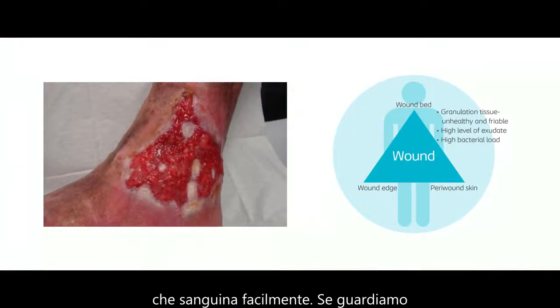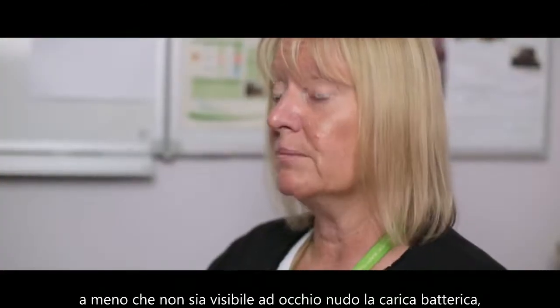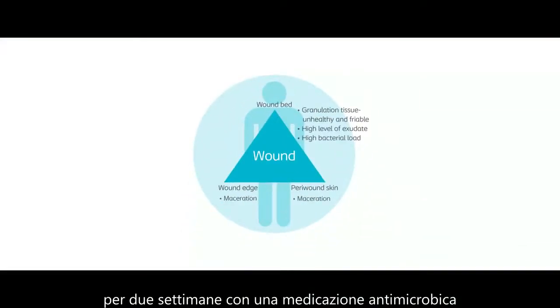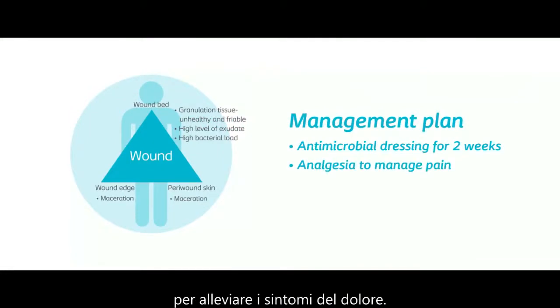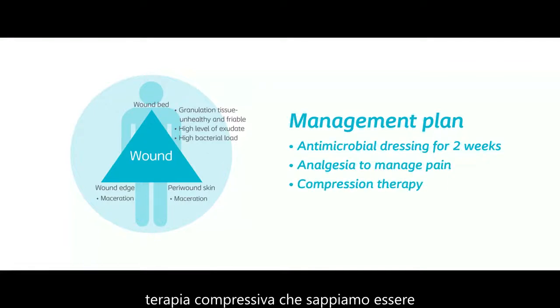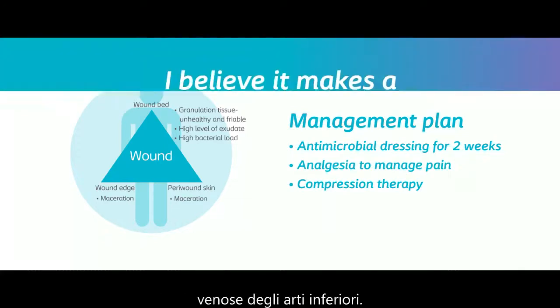If we look at the wound edges and the peri-wound skin, we can see that it's macerated from high volumes of wound exudate, and that's associated with a high bacterial load. So we suspect that this gentleman has an infection here. So we will treat him for 2 weeks with an antimicrobial dressing, and we'll also give him some analgesia to manage his pain. At the same time, we will continue with his compression therapy, which we know is the gold standard for managing venous leg ulceration.